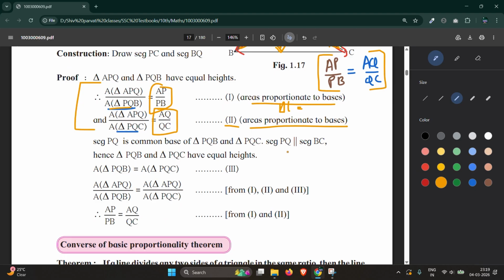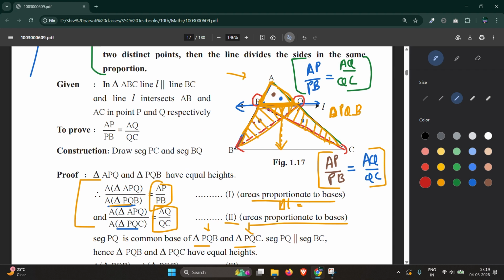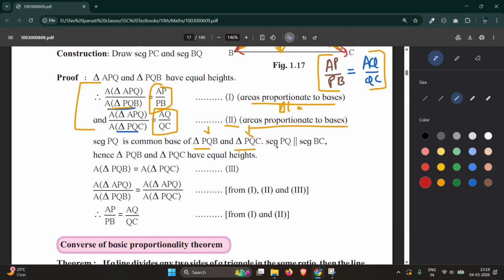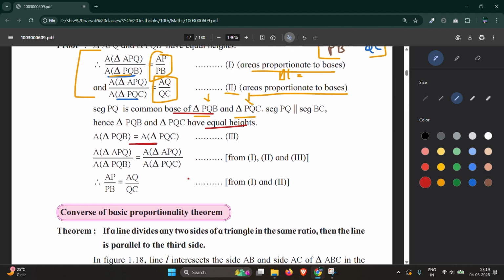And then again over here, we say that these two triangles, the PQB and PQC, are nothing but these inner triangles over here. And we say that they both have the common area because they both have equal heights and the same base. So we say that the area of both of them is equal.